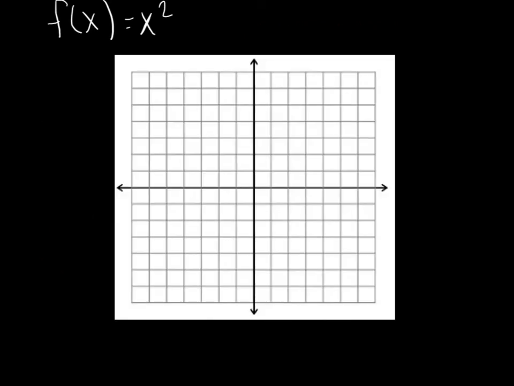Okay, so let's use our ordered pairs to go ahead and graph this. So our first was -2, 4. If this is our x-axis and this is our y-axis, we need to go left 2 because it's negative, and up 4. 1, 2, 3, 4. So right here is where I'm going to put a dot.